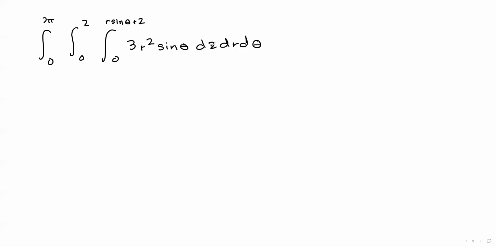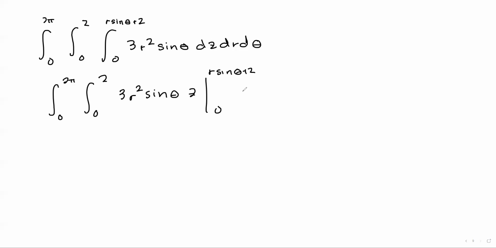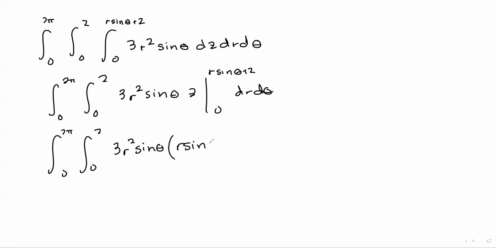All right. So for our first integral, we want to integrate with respect to z. There's no z here. We treat all this stuff as a constant. So the antiderivative of dz is just going to be z. So we'll have 3r squared sine theta z, 0 to r sine theta plus 2, dr d theta, 0 to 2 pi, 0 to 2, 3r squared sine theta times r sine theta plus 2 dr d theta.